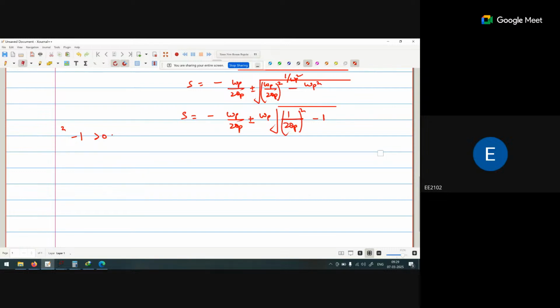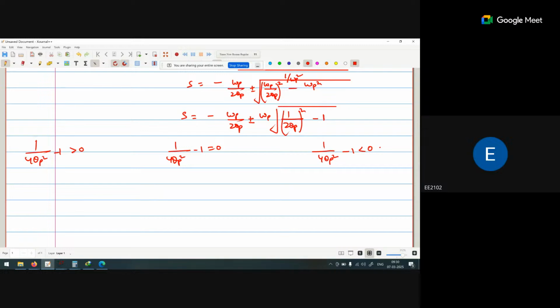Sorry, 1 upon 4 qp square minus 1 greater than 0, 1 upon 4 qp square minus 1 equal to 0, or 1 upon 4 qp square minus 1 less than 0. So three possibilities are available.